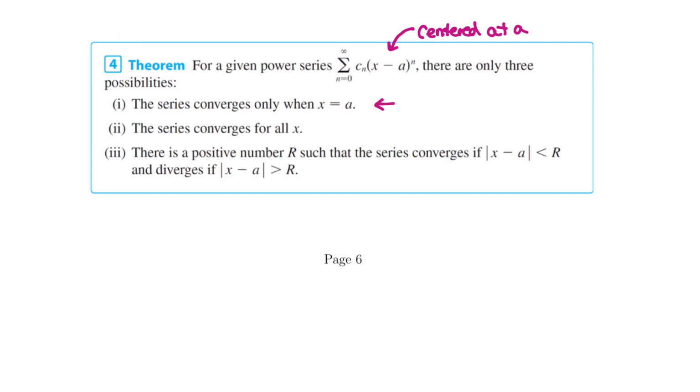Number 1, it converges only when x is a, which is what we just did, where your interval is actually just the point. Number 2, it converges for all x, which means we're converging from negative infinity to infinity. Or number 3, there's some r so that you have an interval of convergence based on r.